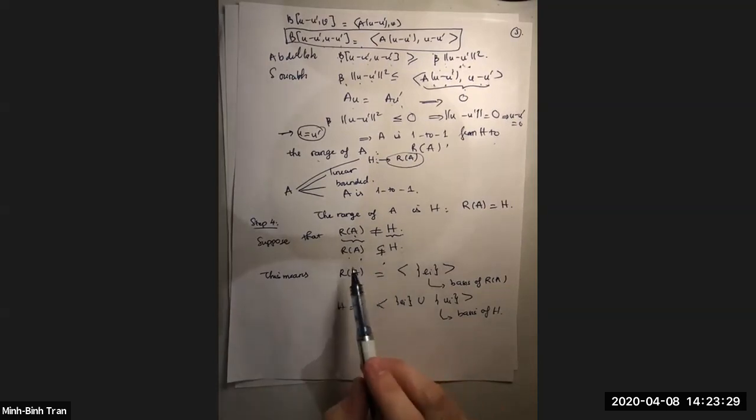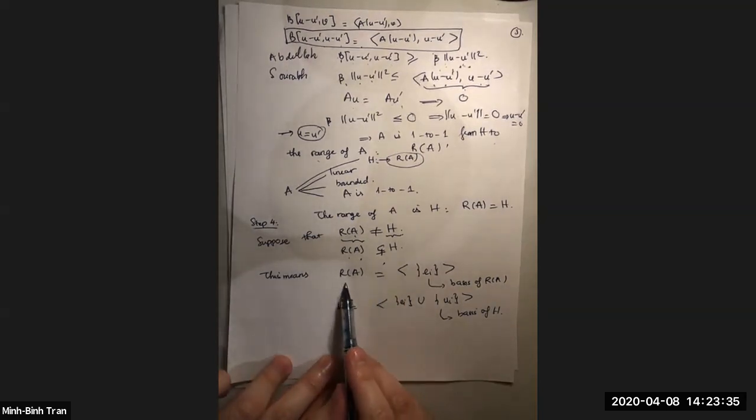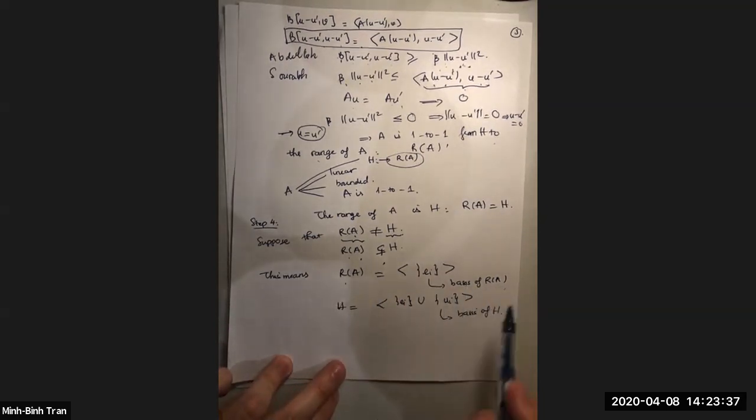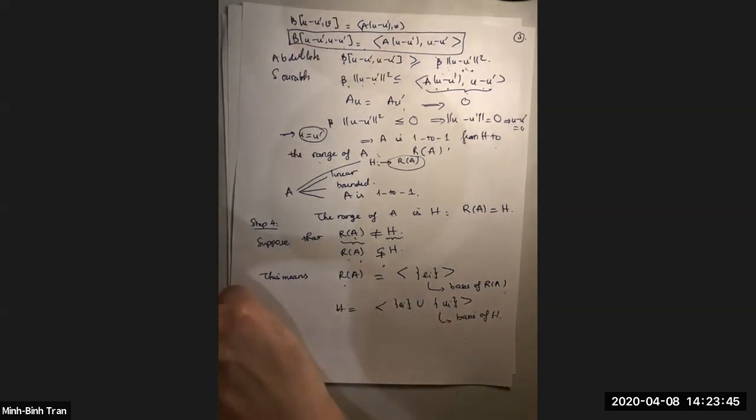So we suppose that I is a subspace of H, but it is completely different from H, right? So which means that I is expanded by a basis, and H is also expanded by the same basis, including some further vectors, right?